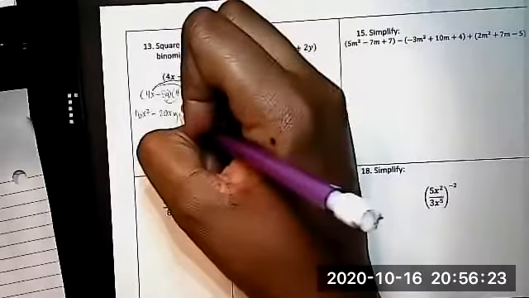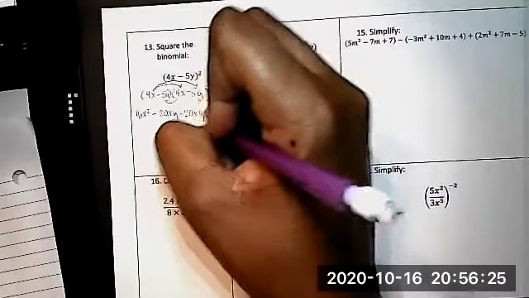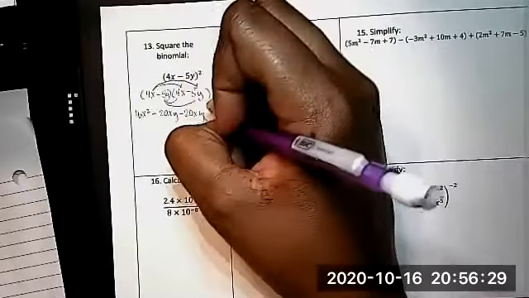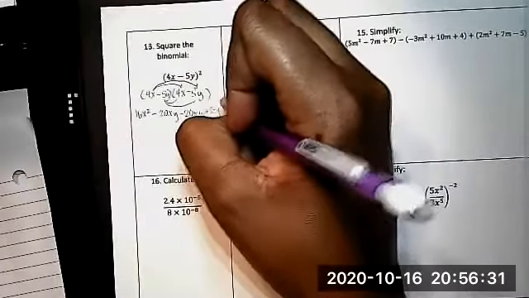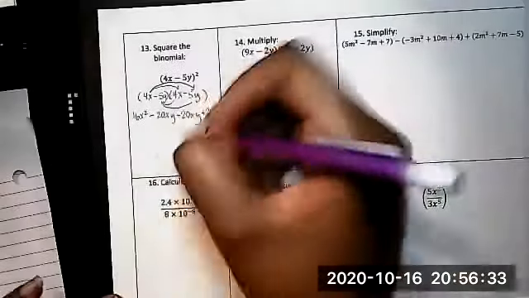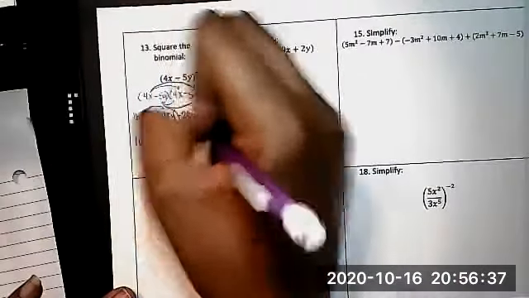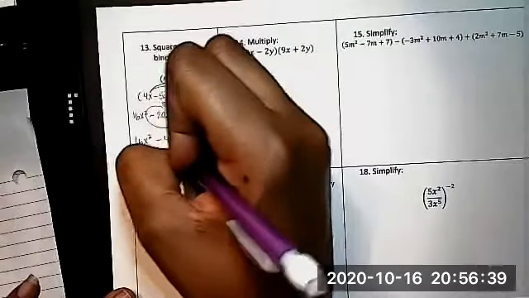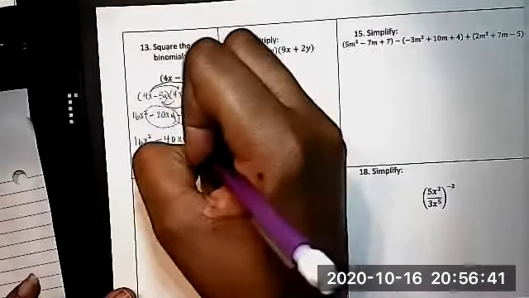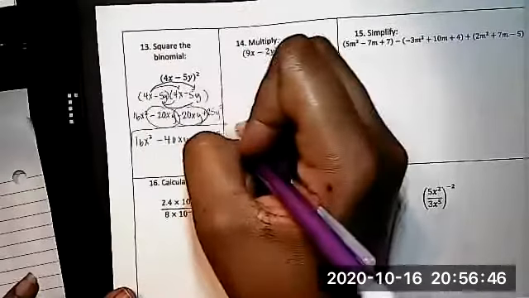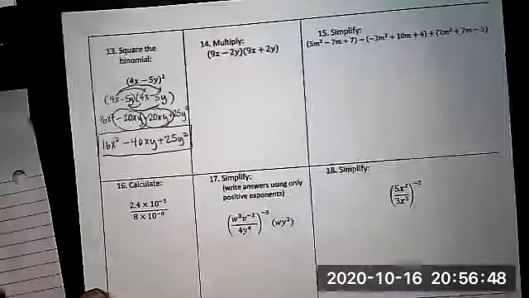Negative 5y times 4x is negative 20xy again. And negative 5y times negative 5y is positive 25y squared. Okay, combine those two. So it becomes 16x squared. We're going to combine these middle two. That becomes negative 40xy plus 25y squared. Okay, that is our answer.